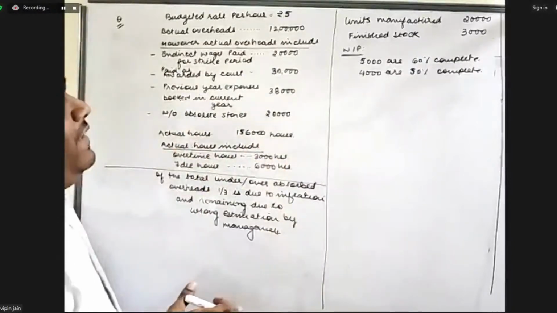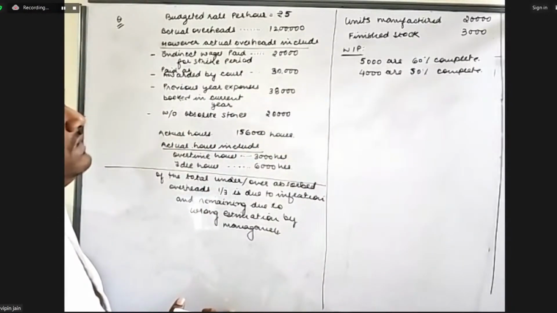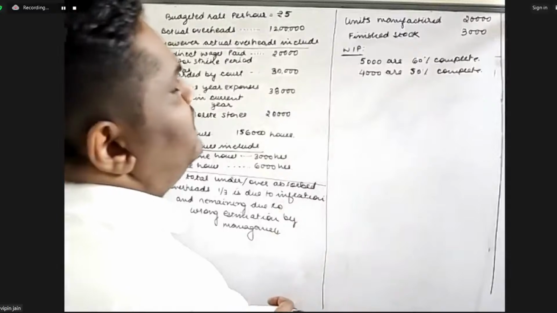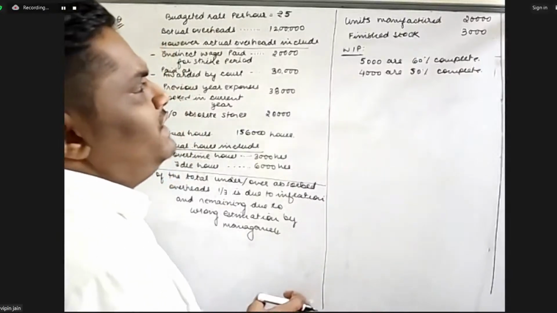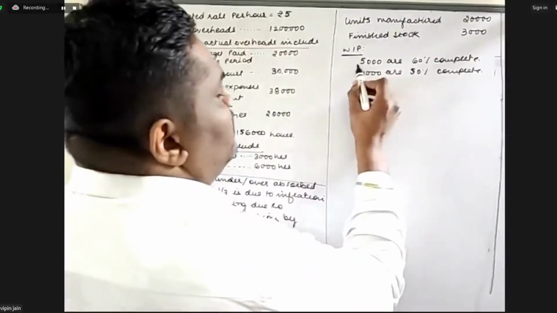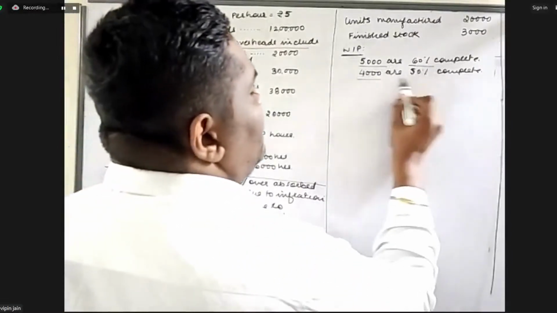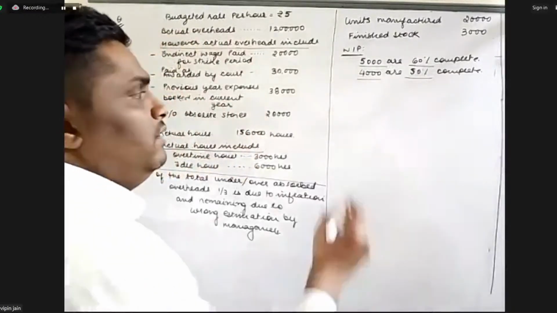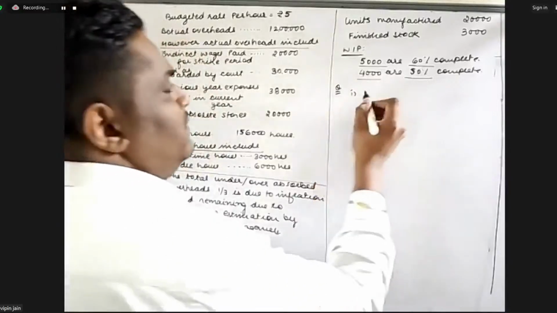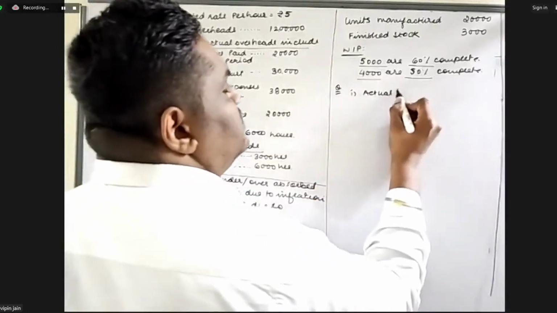Further, actual hours are 1,56,000, including overtime hours 3,000, idle hours 6,000. Of the total under or over absorbed overheads, one third is due to inflation and remaining due to wrong estimation by the management. Units manufactured is 20,000. Of these, 3,000 are still in stock. It means 17,000 units are sold. When talking about work in progress, 5,000 units are 60% complete and 4,000 units are 50% complete. Now the first question for you is, my actual overheads will be how much?